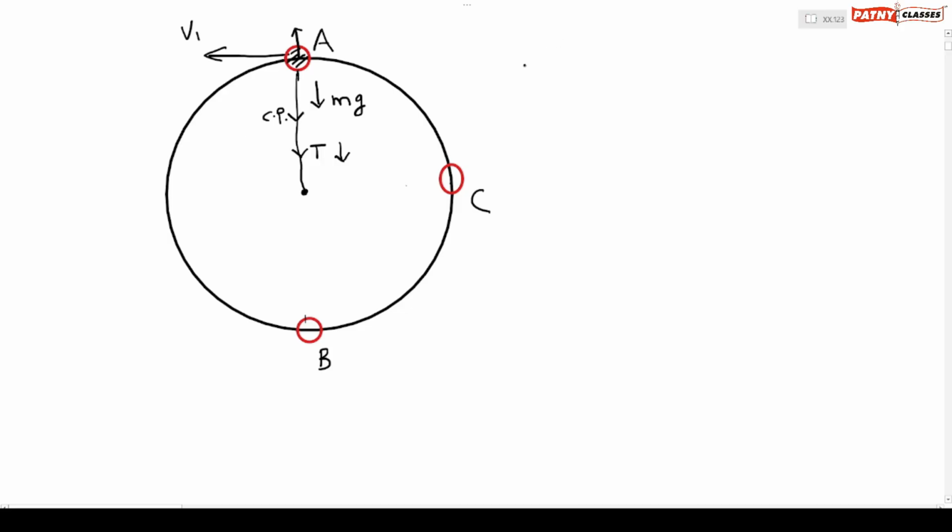So these are the important observations. What are they? The first one: the weight equals mg in the downward direction. Second: tension in the downward direction. Third: centripetal force is directed toward the center.